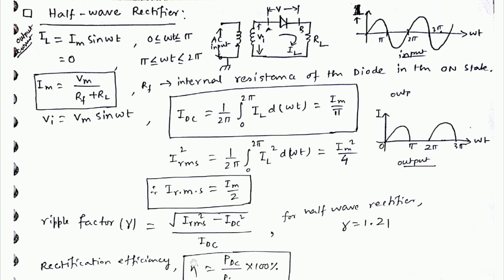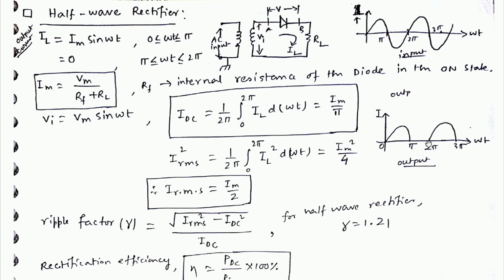Half wave rectifier. The output current iL equals Im sin omega t. You are giving some sinusoidal input, and this is the half wave rectifier. This is the transformer, and you have inserted a diode here. This is the input, and you get the output from 0 to pi, 2 pi to 3 pi.